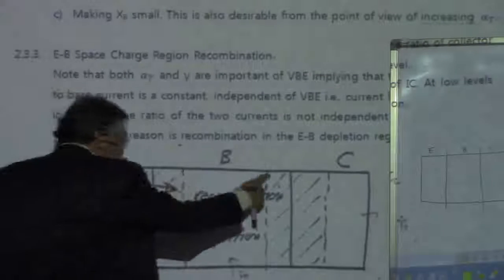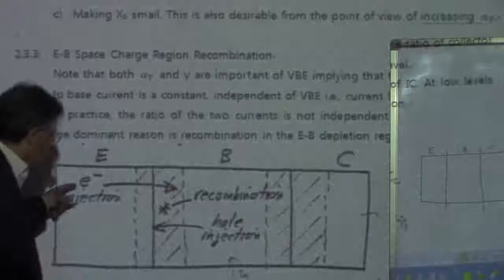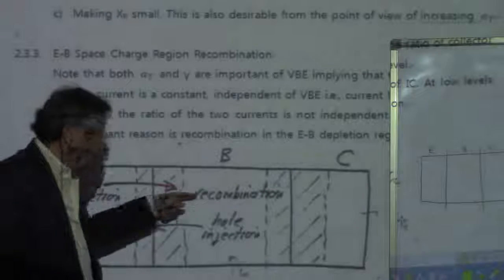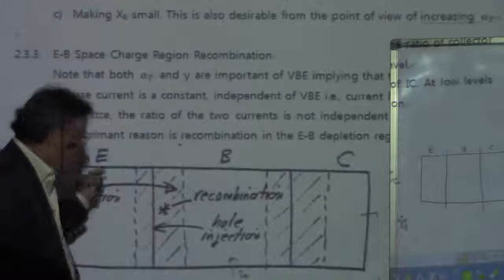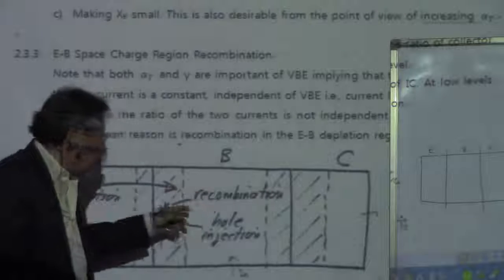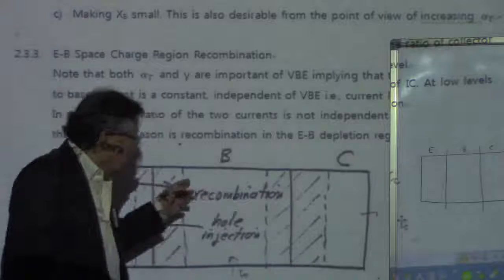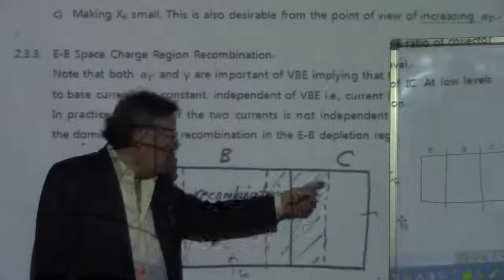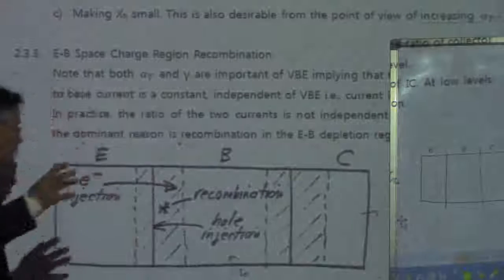In this neutral base region, if an electron is injected into this base region, it should survive to be collected in the collector to get a gain.